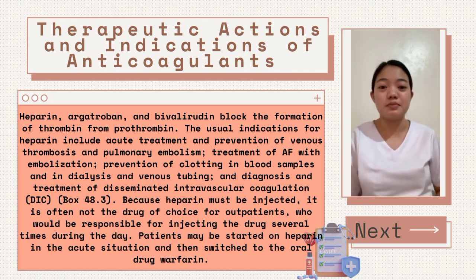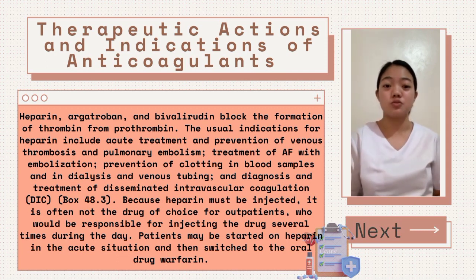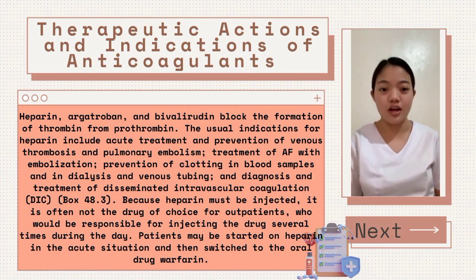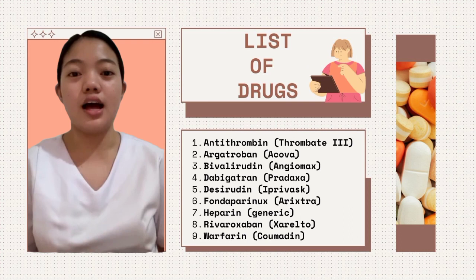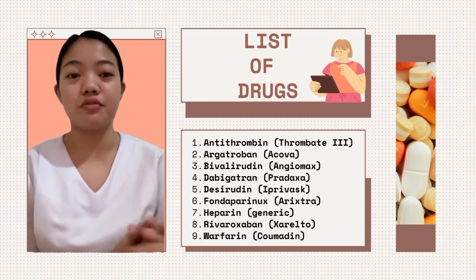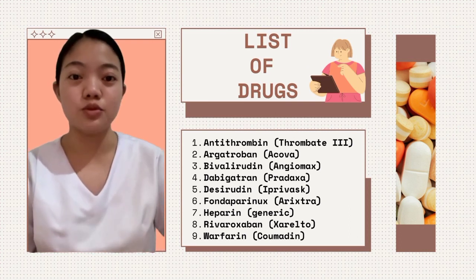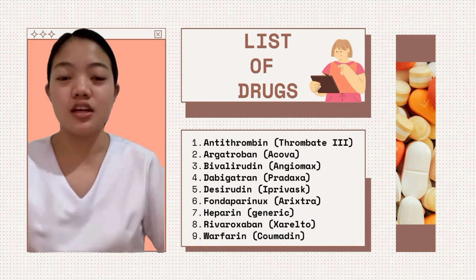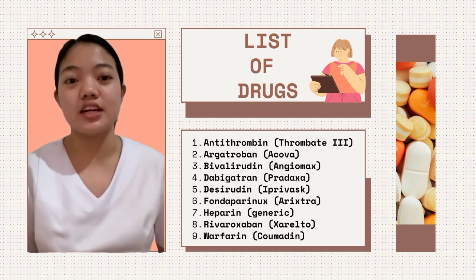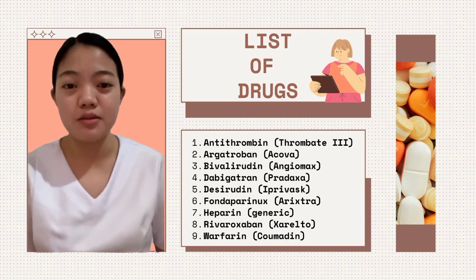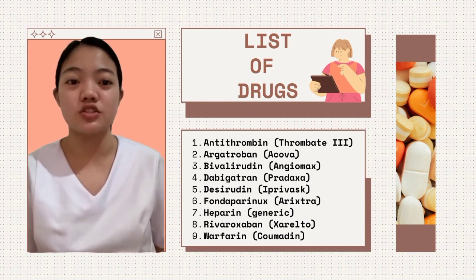So patients may be started on heparin in the acute situation and then switched to the oral drug, which we call warfarin. These drugs include antithrombin, which provides a counter mechanism to clot formation; argatroban, which exerts its anticoagulant effects by inhibiting thrombin-catalyzed or induced reactions.